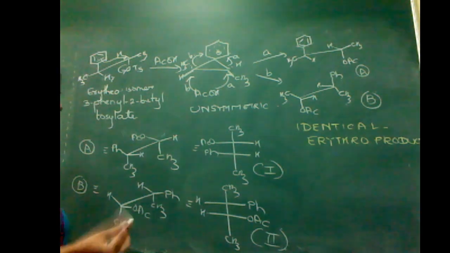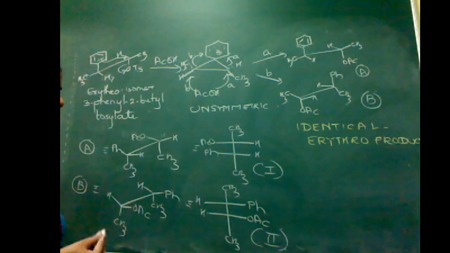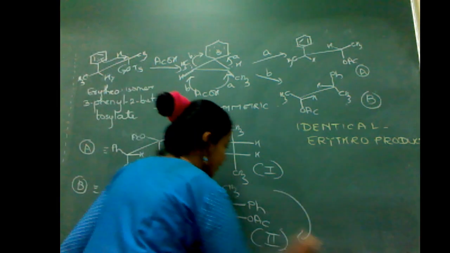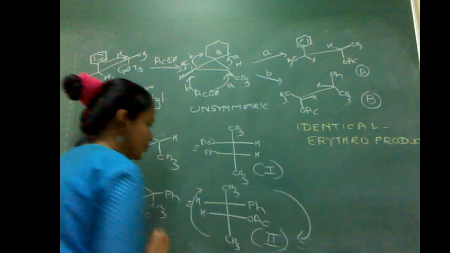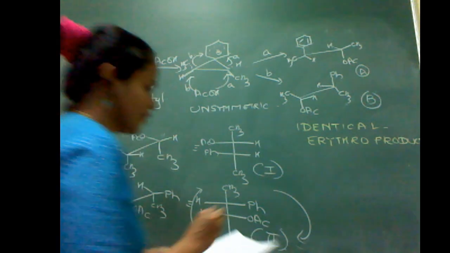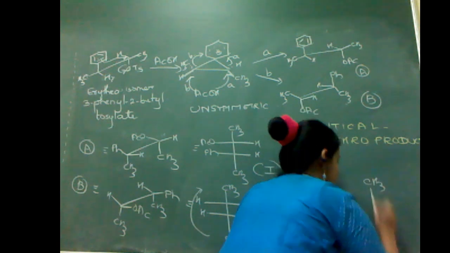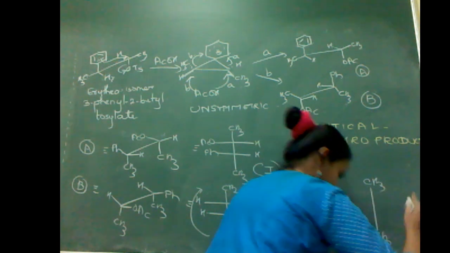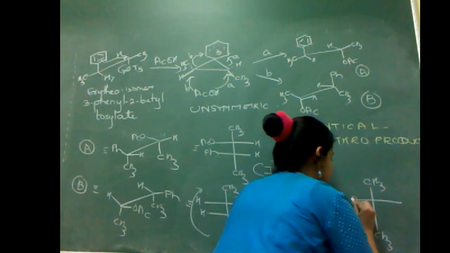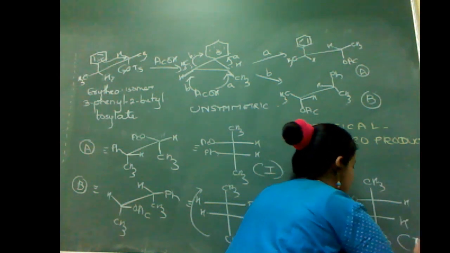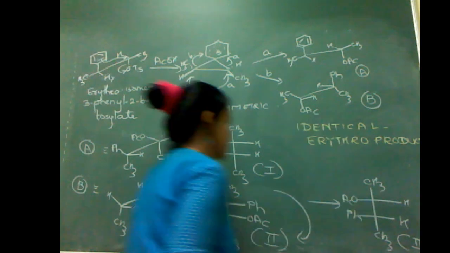now again it is difficult for you to understand whether it is identical or not. So what I try to do is carry out an in-plane rotation at an angle of 180 degrees. So OAc, then phenyl, then hydrogen. So this is your structure 3.